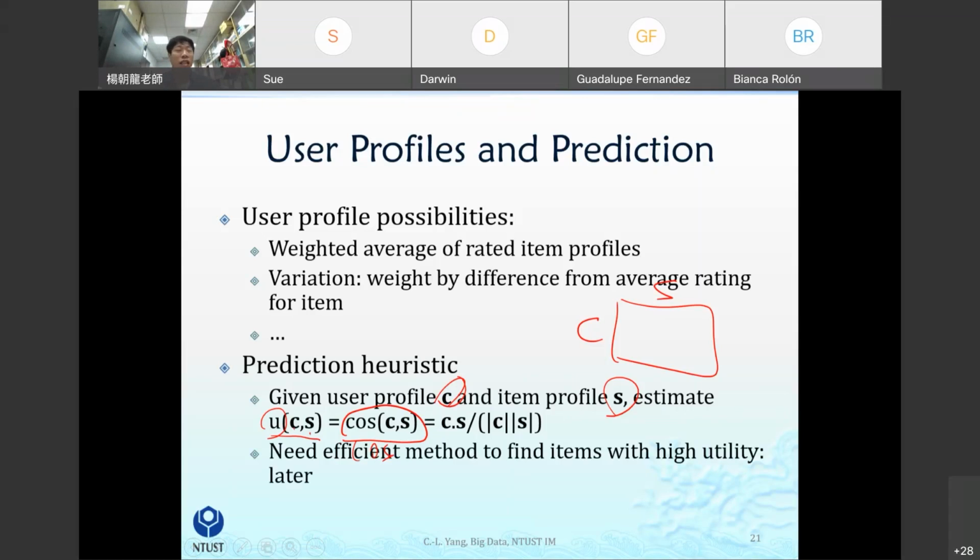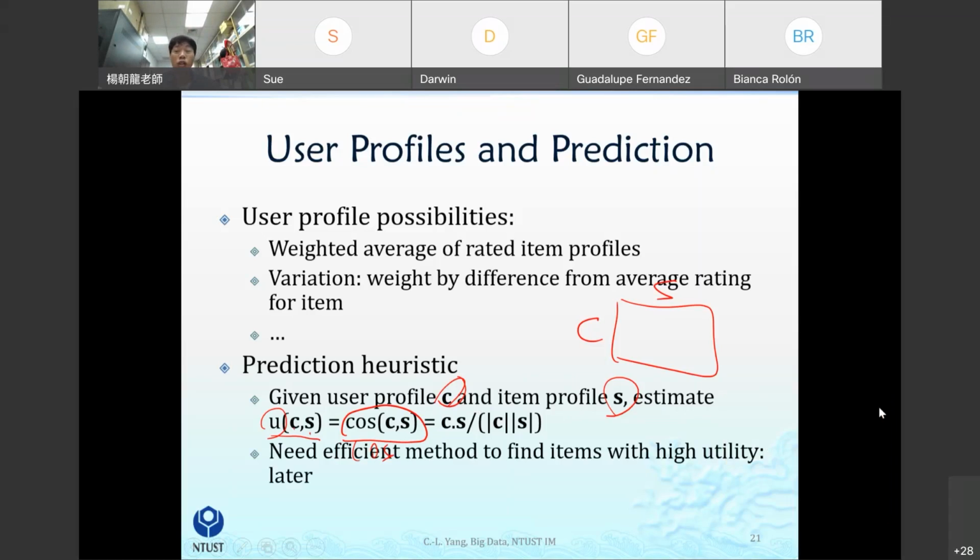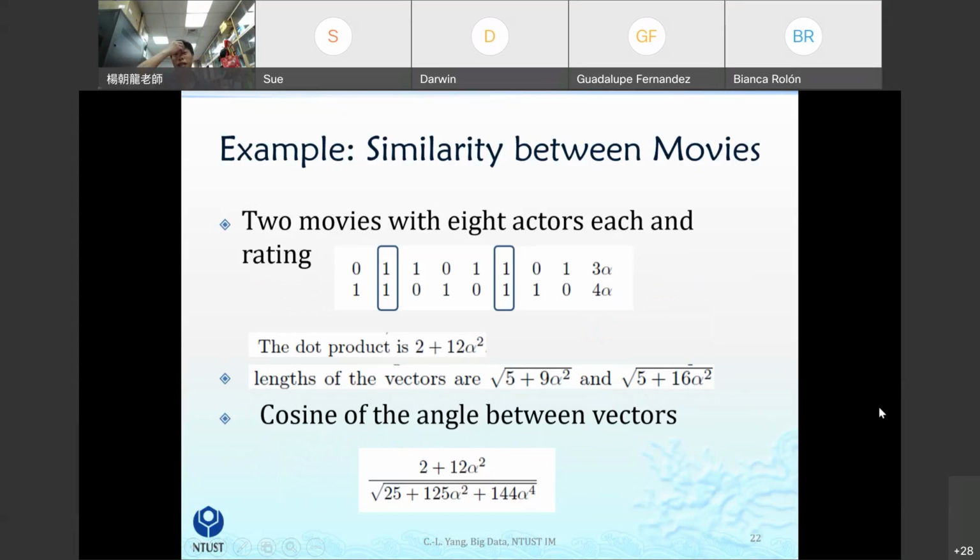The similarity measurement is one of the most important functions you need to use here, and there are many different kinds of similarity measures. Of course, I want to introduce some simple ones. I want to give an example so we can learn how this system works.